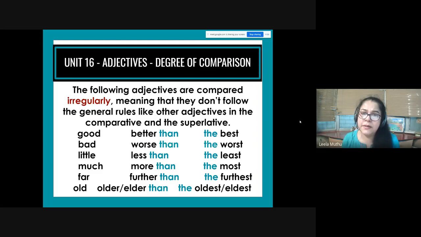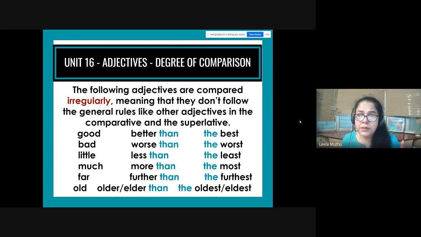Some of you may know them because you speak about adjectives and compare them using these words, so you may find it easier. But I always suggest that you learn the correct spellings and you learn them really well. They don't follow the general rules in the comparative and the superlative. So let's see these irregularly compared adjectives.